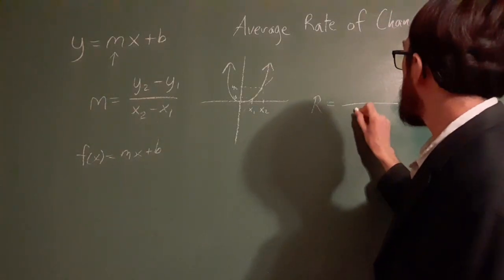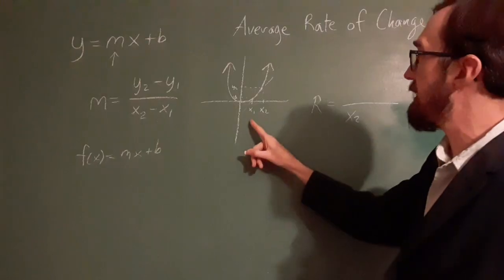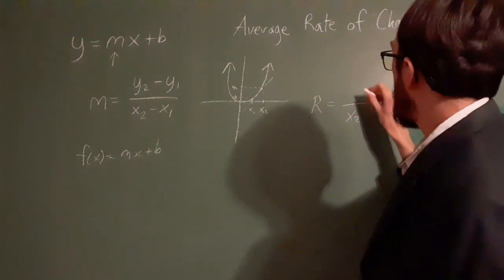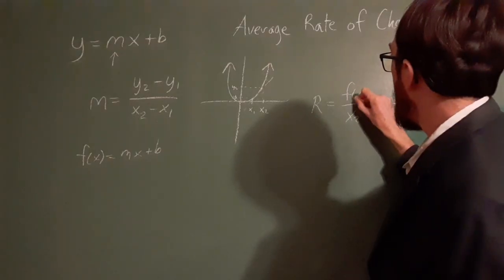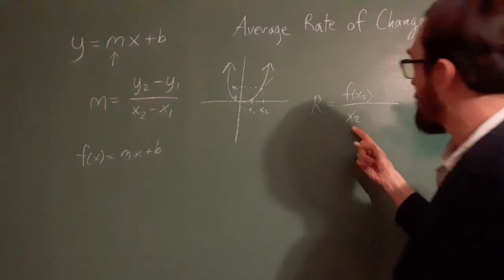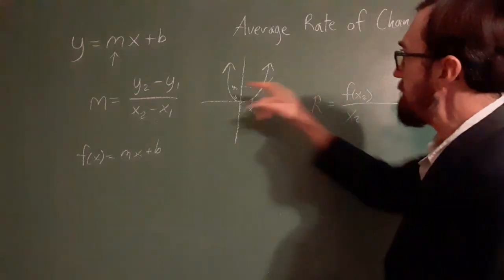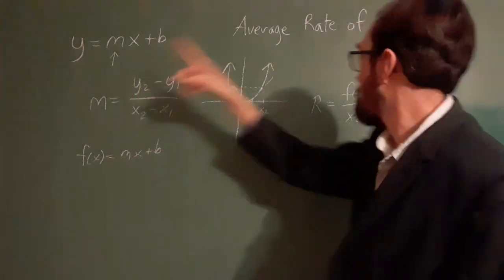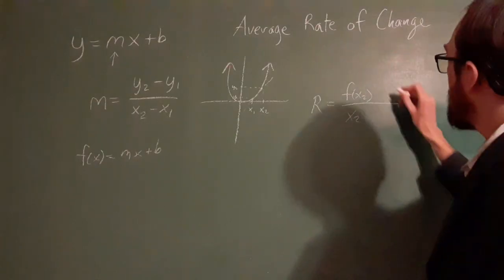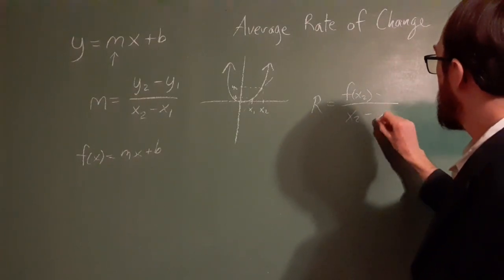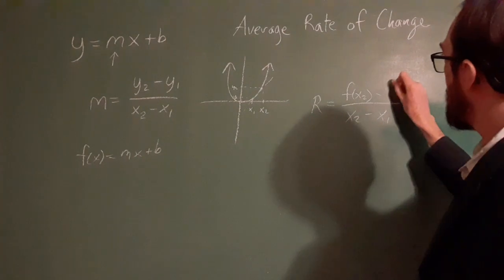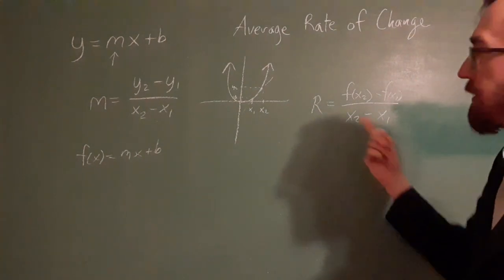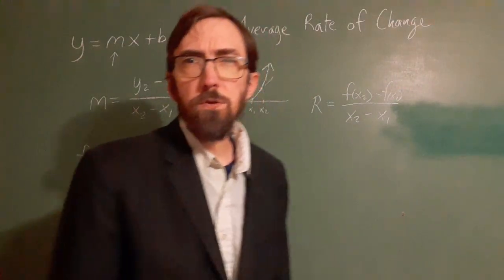So if x sub 2 is the first x value that I'm plugging into the function, then this is going to be f of x sub 2, the x value that I plug in. X sub 2, y sub 2. The y is replaced by the f of x. And then we do that x sub 1, f of x sub 1. So there is our average rate of change formula.